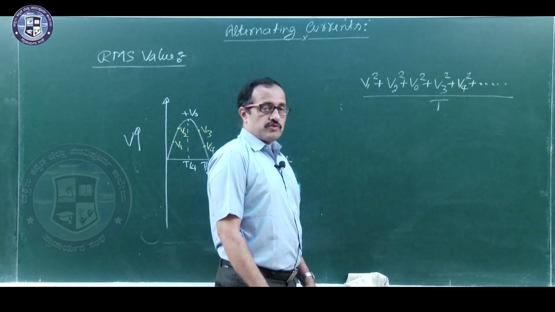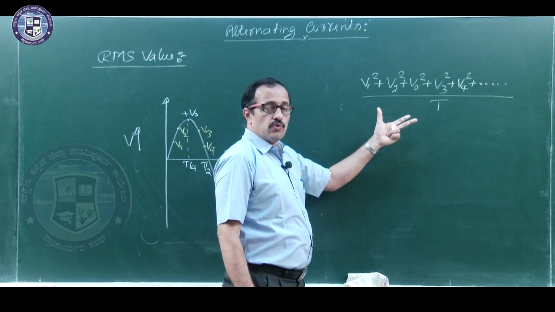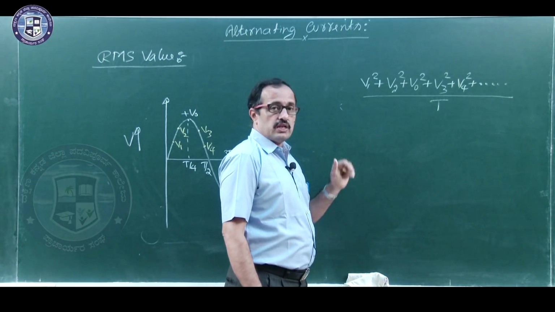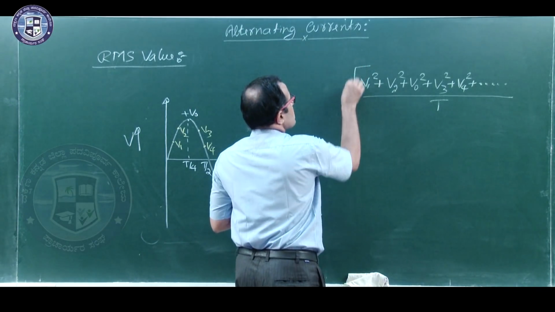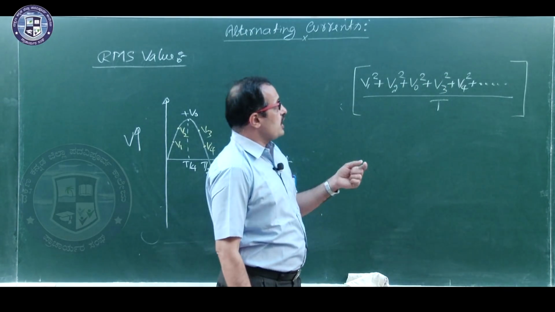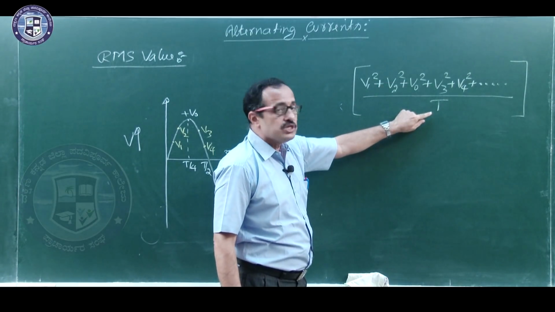Now, what is this? Is it not the average value of the squares of the instantaneous value over the complete cycle, full cycle?